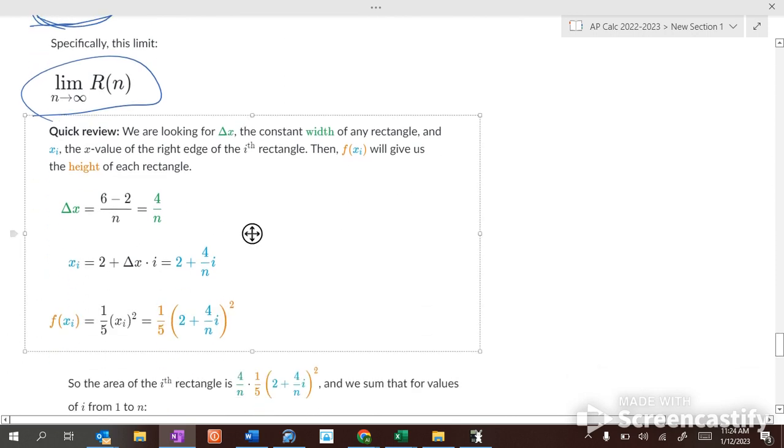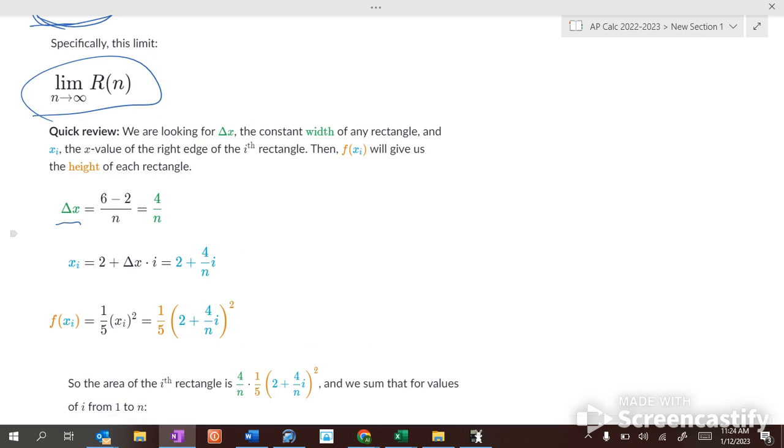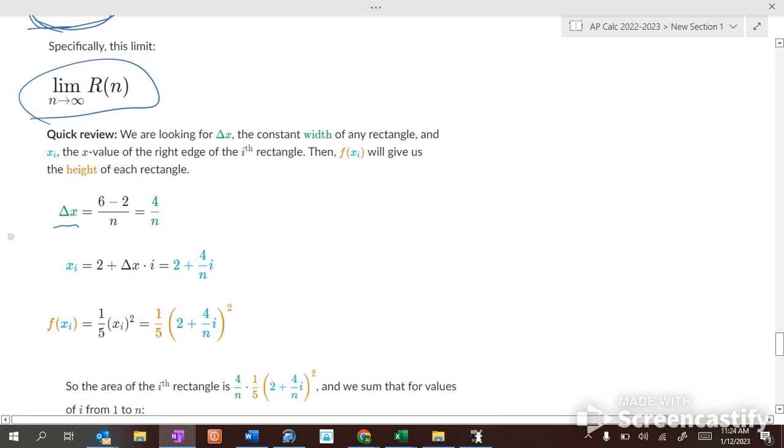So we need the width of the function, the change in x, and then the x of the function, and then put that into the function. All right, you got one right. Okay, so the function was 1/5 x squared.